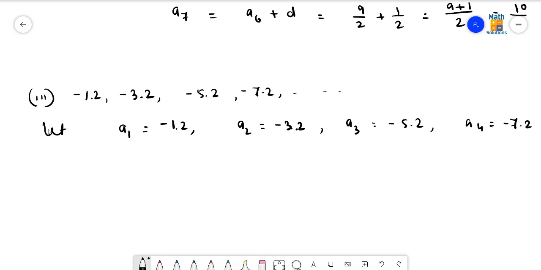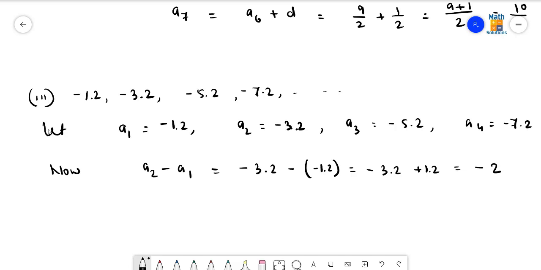Now, exactly in the same way that we did in the previous sum, we have to proceed here. A2 minus A1 is minus 3.2 minus of minus 1.2, then minus 3.2 plus 1.2, it is minus 2.